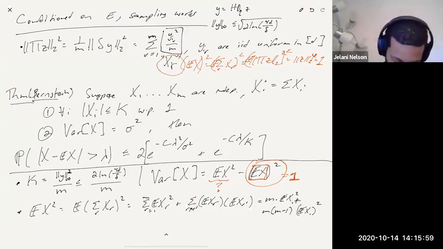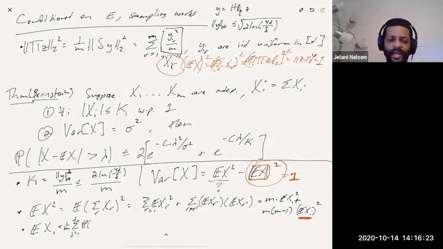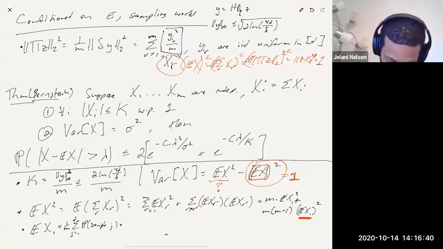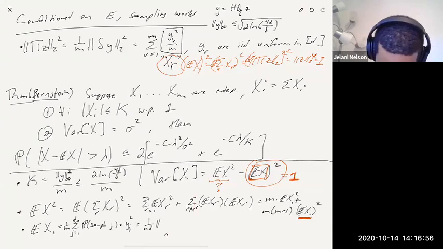So the expectation of x1 is the sum j from 1 to d of, first of all, there's a 1 over m in the definition of xr, so there's a 1 over m, times the probability that you sample j, times yj squared. The probability you sample j is 1 over d. So this is equal to 1 over md times the L2 norm of y, squared.